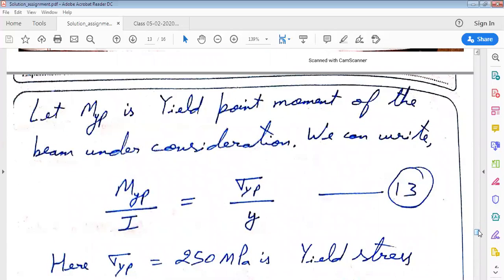Now, we know the yield point stress is 250 megapascal. And we can use the bending equation MYP by I equal to sigma YP by Y, where MYP is the yield point moment, I is the second moment of area about the neutral axis, and Y is the distance of the topmost fiber of the beam from the neutral axis.